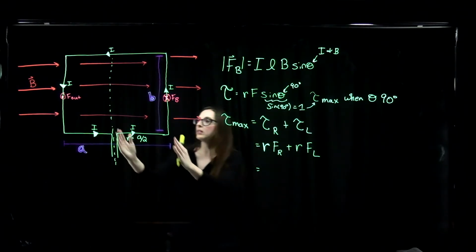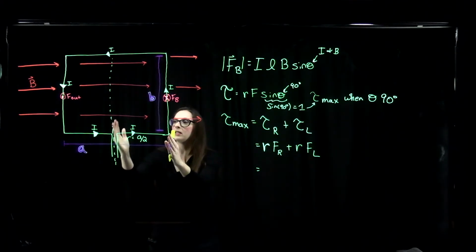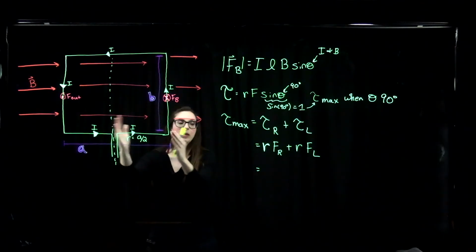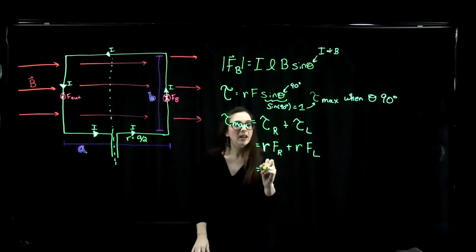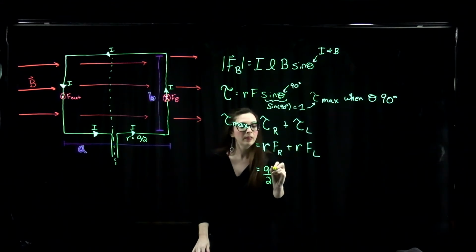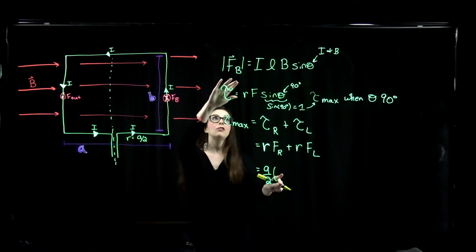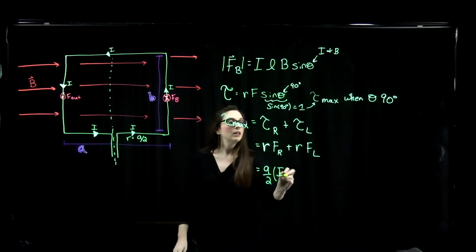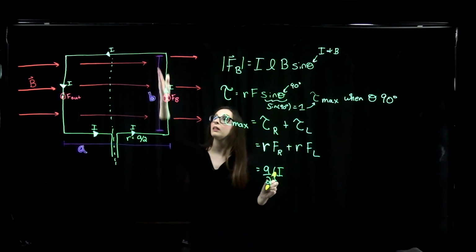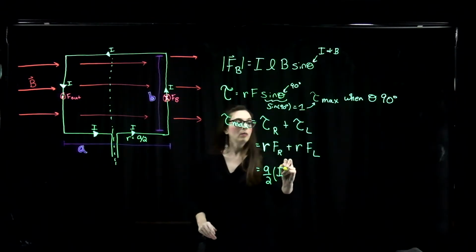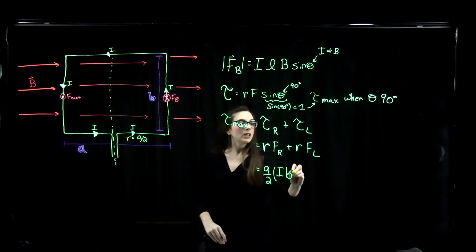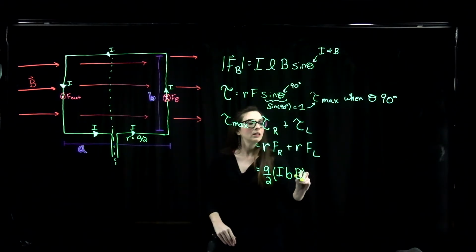This distance R is the distance between my rotation axis and where that force is applied, so in this case, that's A over 2. Then we multiply it by the magnetic force acting on this wire. Our magnetic force is the current times the length, and the length of this wire, we're calling that b, times the magnetic field.